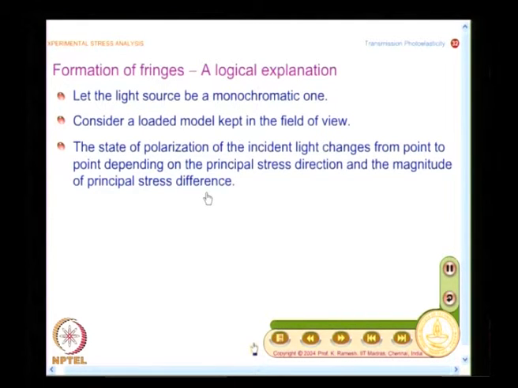Because when you take a disk and then load it, near the load application point you will have very high stresses, regions away from it will be stressed low, and because stress is a continuum, you have an elastic continuum. So, when you apply the load, the variations are smooth, that is why you see beautifully smooth fringe contours. Stresses vary gradually from point to point, and you also see smooth fringe contours.